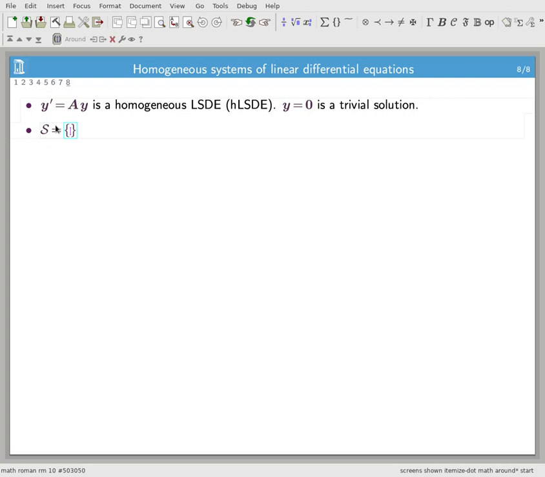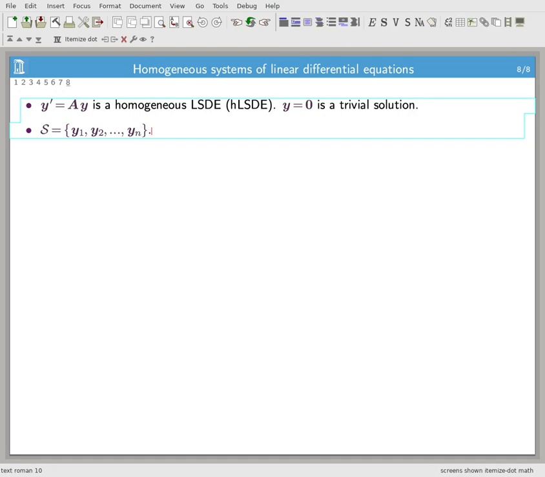Namely, this set is going to contain one vector of solutions y1 and another one y2, all the way to a final one which is yn. From these we can form a linear combination.